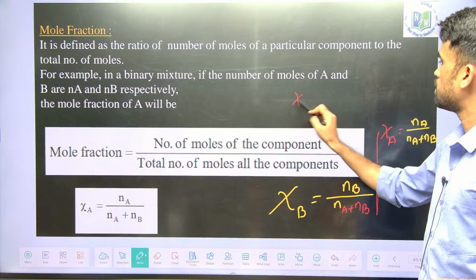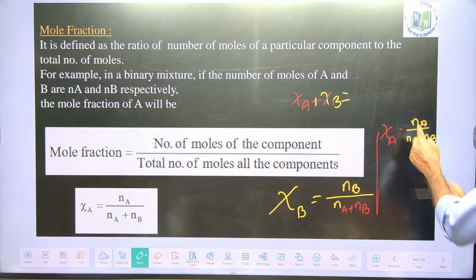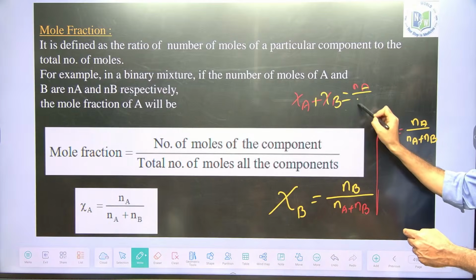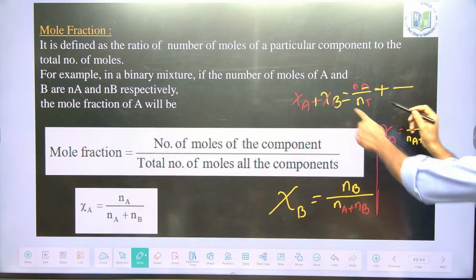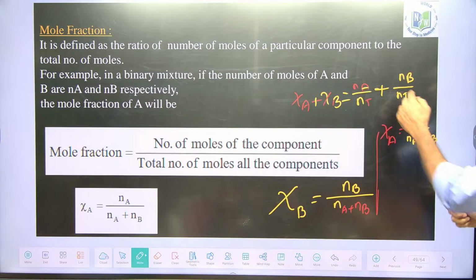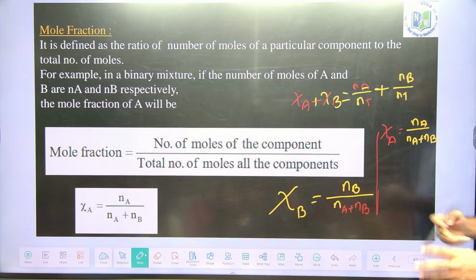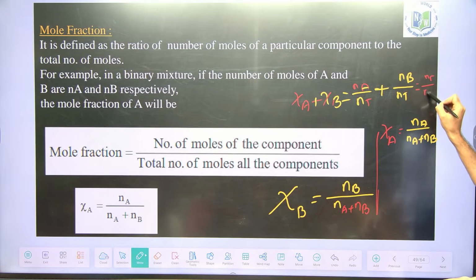Now you try to add these two, chi A plus chi B. Chi A means Na by N total, plus chi B means Nb by N total. So Na plus Nb also means N total, and the denominator also is N total.